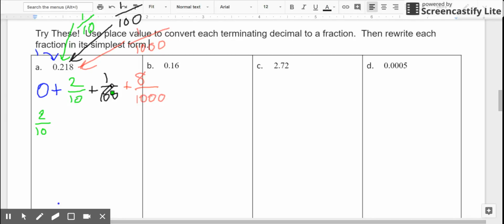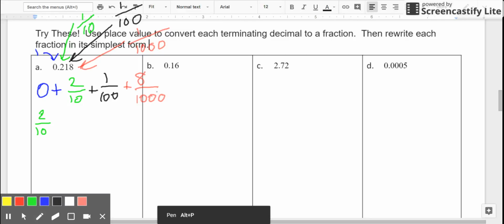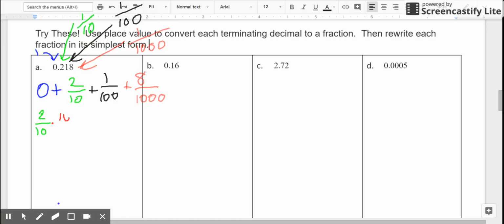To turn 10 into 1,000, I know there are 2 more zeros, so I'll multiply by 100. So to adjust my fraction, 2/10, into a number with 1,000 as the denominator, I'm going to multiply by 100 over 100.